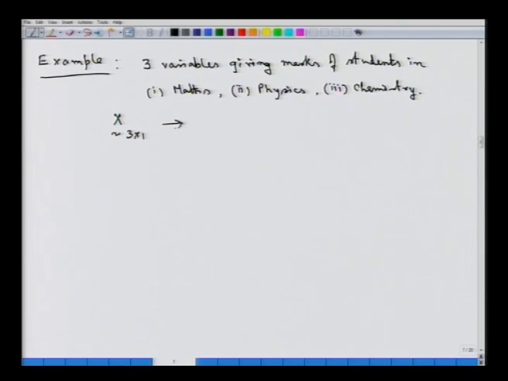Now, suppose that the variance covariance matrix of this x is given by this. This actually corresponds to standardized variables, and hence the variance of each of these variables is equal to 1. This actually corresponds to the correlation matrix.